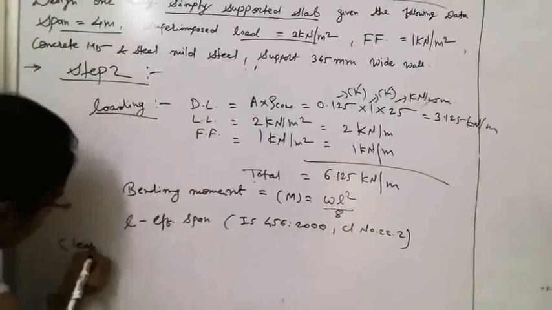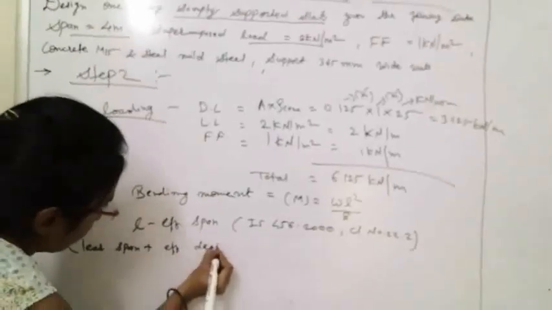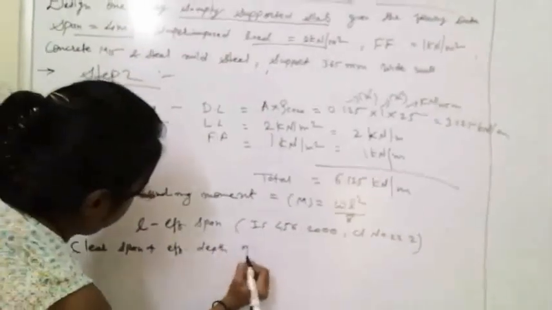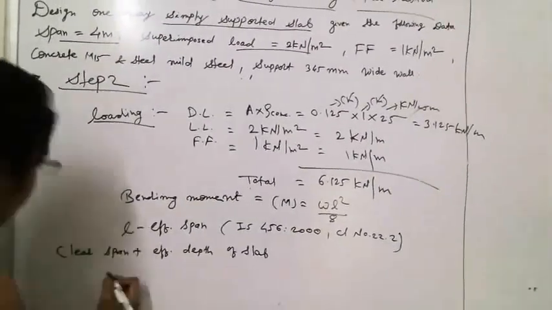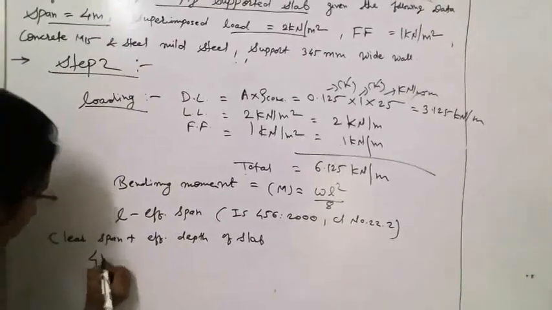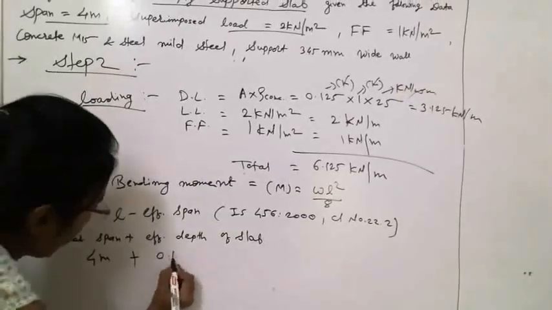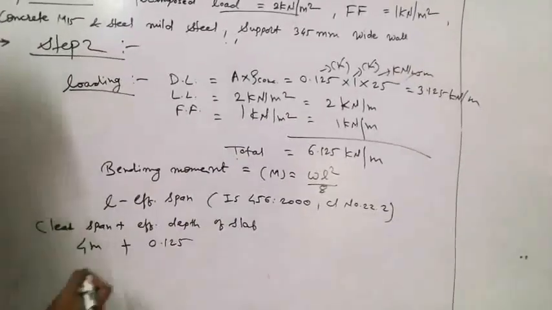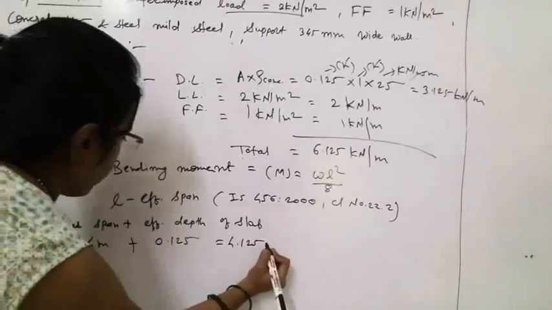Clear span plus effective depth of a slab: what is the clear span? 4 meter. And effective depth of the slab is 0.125. It comes to 4.125 meter.